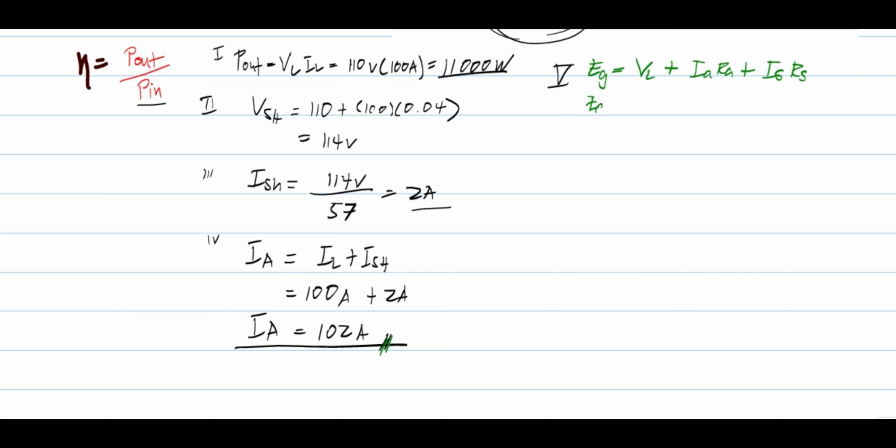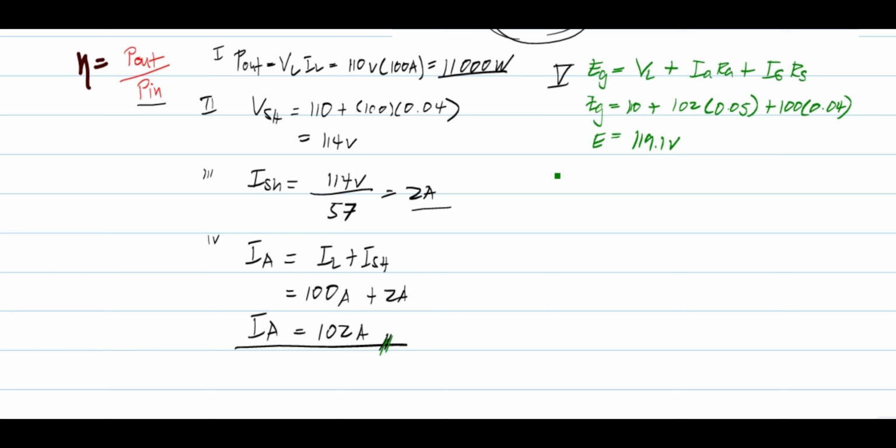Then EG is equal to 110 plus IA RA of 102 times 0.05 plus IS RS of 100 times 0.04. It must be 119.1 volts.